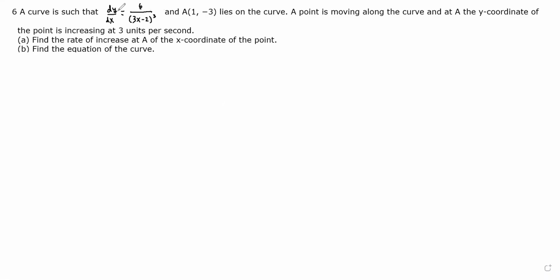A curve has a rate of change dy/dx equals 6 over (3x minus 2) cubed, and point A with coordinates (1, -3) lies on the curve. A point is moving along the curve, and at A, the y coordinate of the point is increasing at 3 units per second.